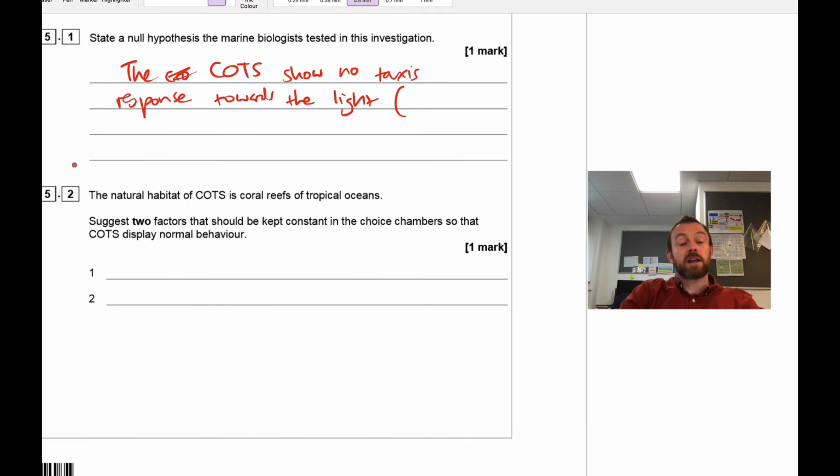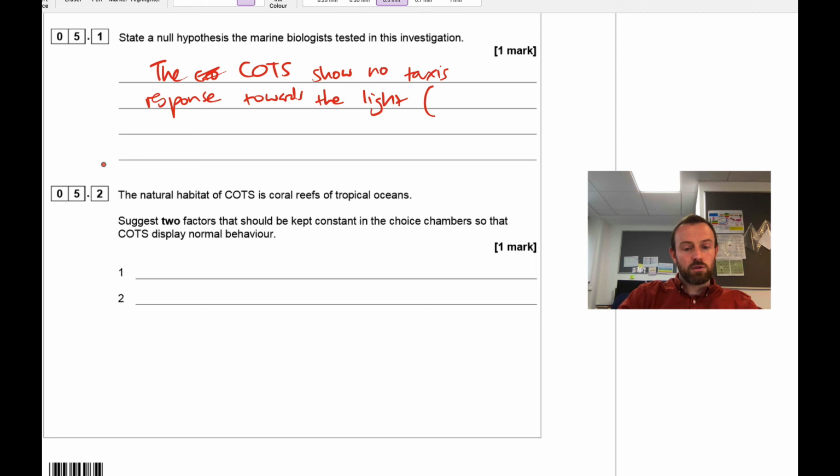The natural habitat of the crown of thorn starfish is coral reefs or tropical oceans. So he has 2 factors that should be kept constant in the choice chambers so that crown of thorn starfish display normal behavior. Okay, so tropical oceans is what we need to think about. So temperature, and I'd probably say salinity of the water.